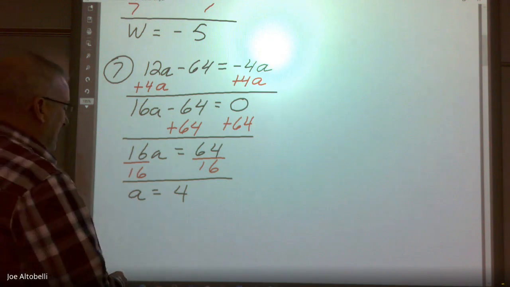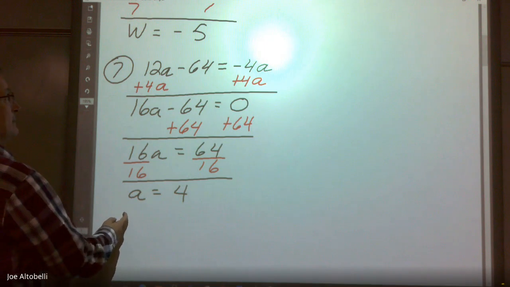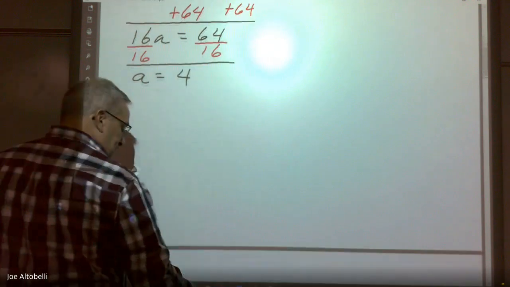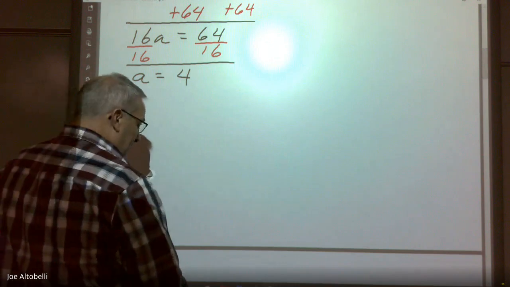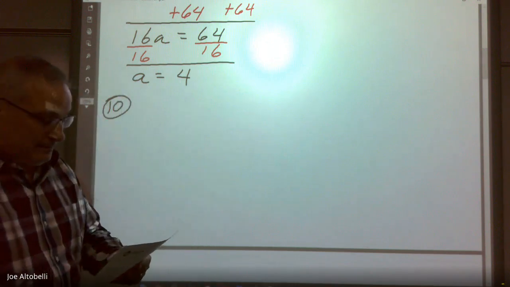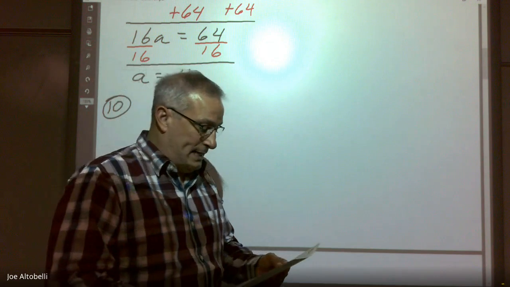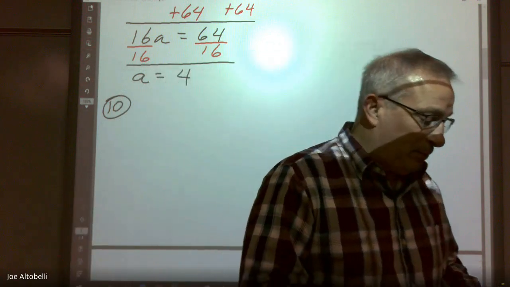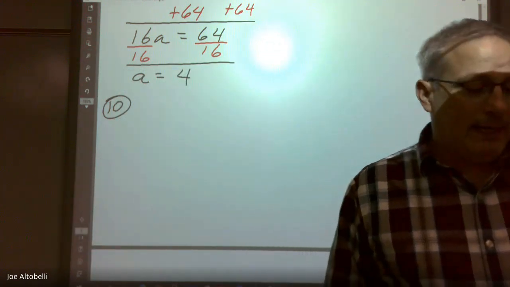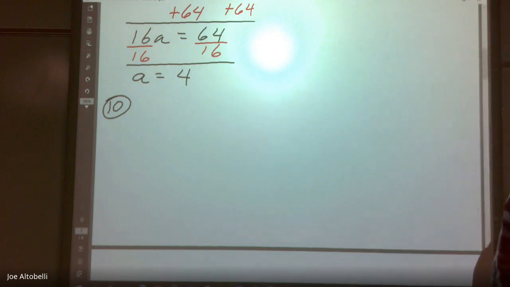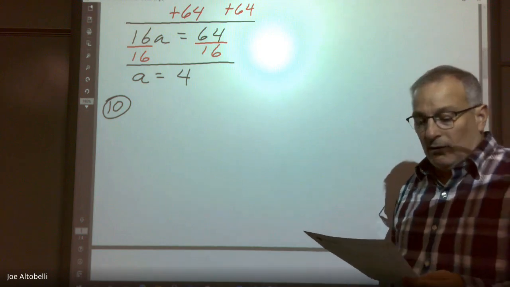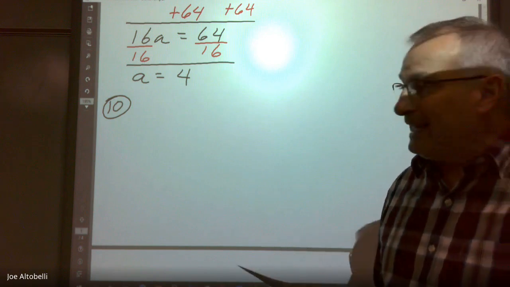All right, number 10. Number 10 is a little different. Hopefully you're looking at number 10. It says, find the perimeter of the 3 triangles or a rectangle. The sides of each triangle are equal in length.